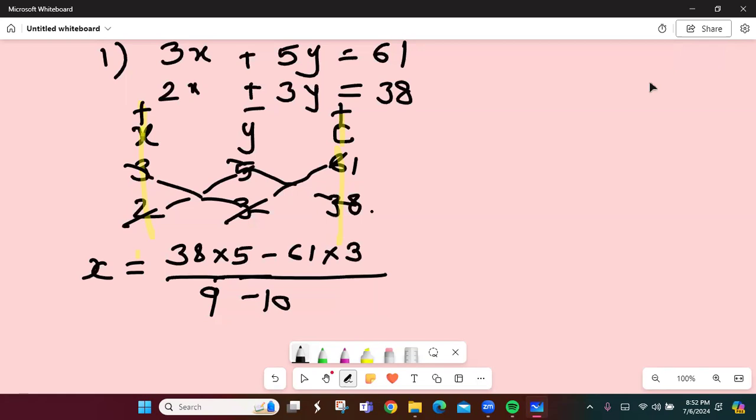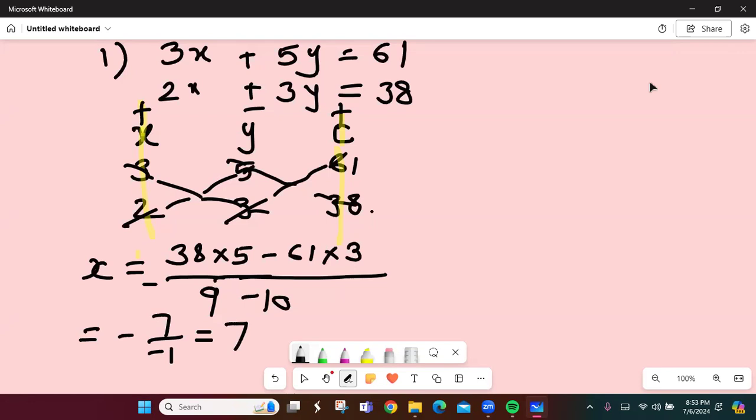And a very important thing here that you don't have to forget is, see that above the y coefficient column, there is negative sign, and constant there is positive sign. So positive into negative is negative. So I have to give here negative sign. So what will happen? 38 into 5 minus 61 into 3. That will give me 7, and which is equal to 7. So x is equal to 7.